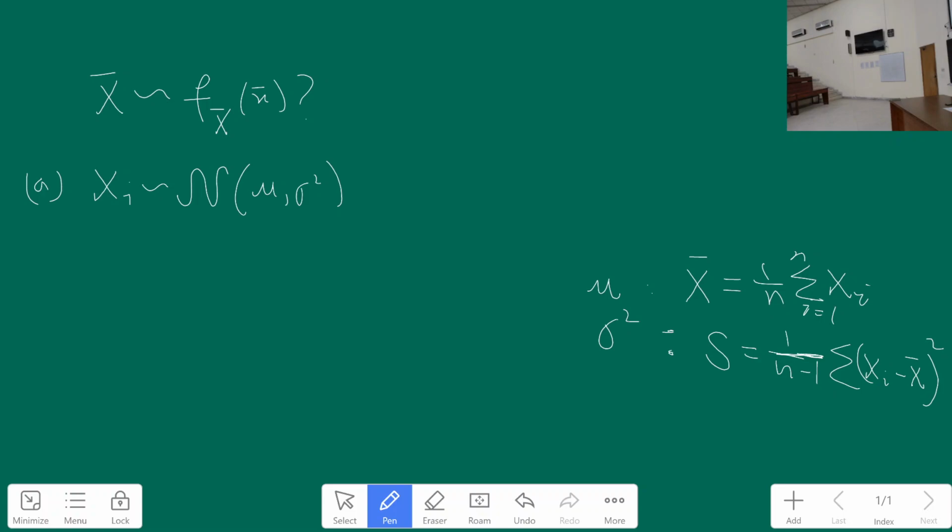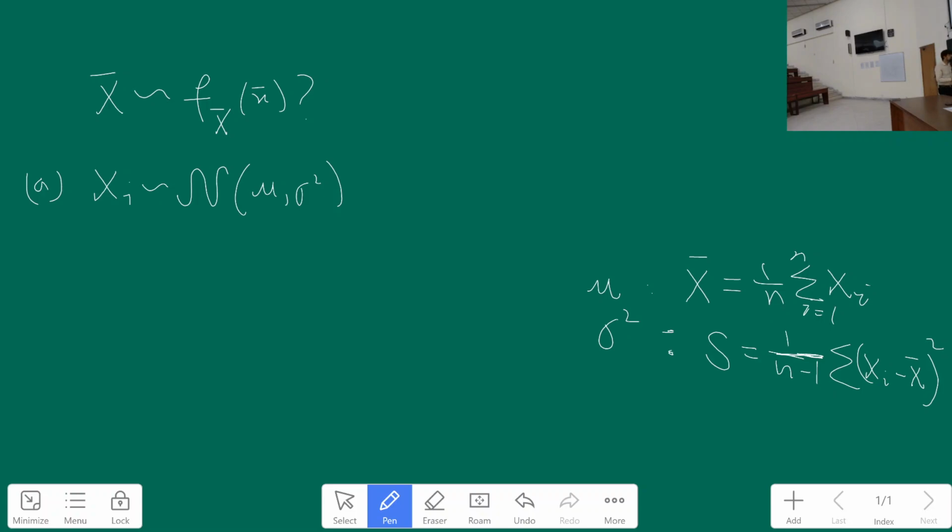Any guesses? Now it will still be Gaussian distributed because you are just summing up Gaussian variables and dividing by n.